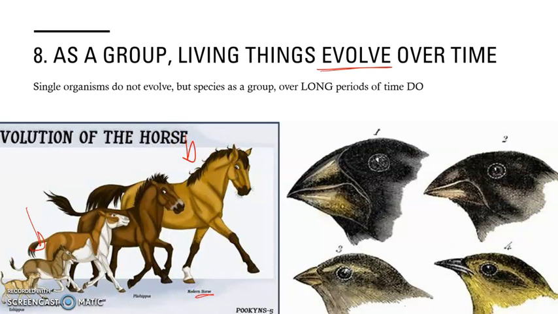Over time, look at those significant changes. So one horse didn't grow from here to here. It was a species. It was many horses over a long period of time. That group evolved, that group changed, had these different adaptations over time.